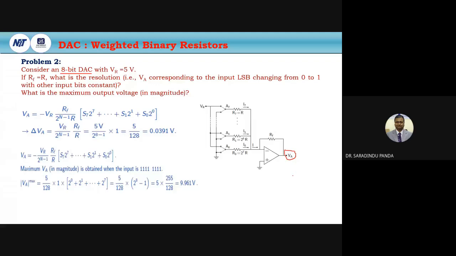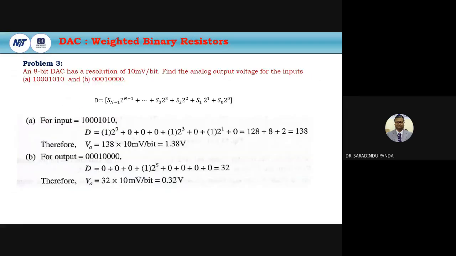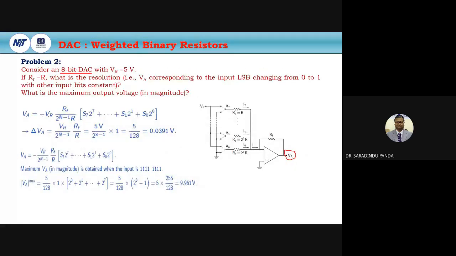So output voltage, we can write the formula like this from the previous section: minus VR RF by 2 to the power of n minus 1 R. This is the value of the capital K from the first slide, the proportionality constant with respect to the RF and the VR.